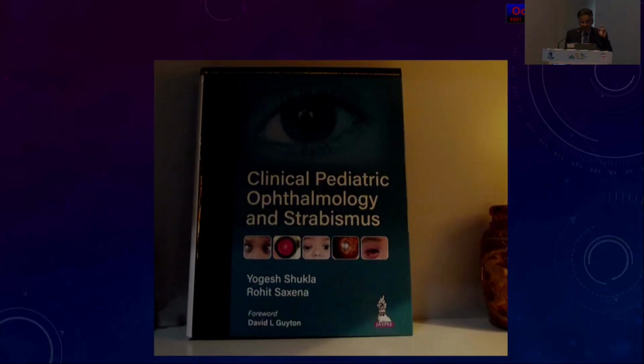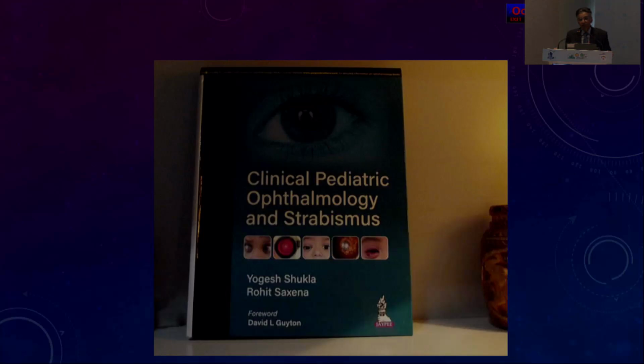Now wait, stop, and this is my book. It's a 600 pages textbook which has been released by JP Brothers last year. A lot of medical colleges have already purchased it, including medical colleges in my place, Jaipur, and also All India Institutes.